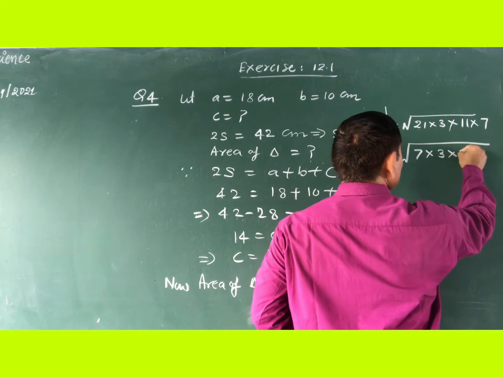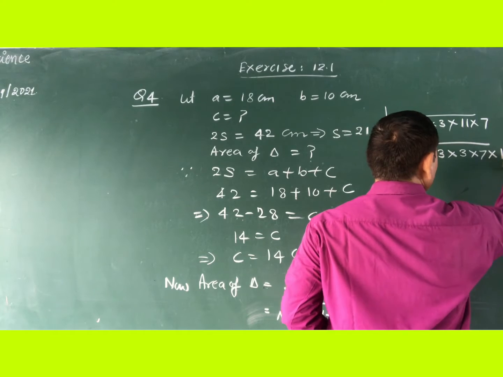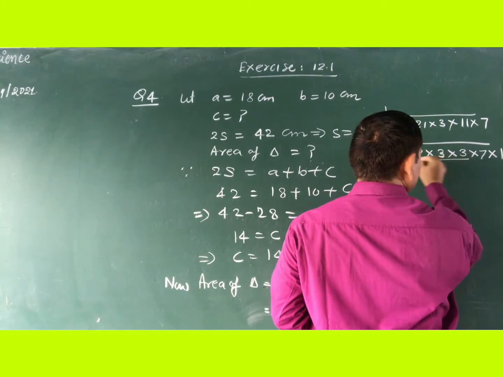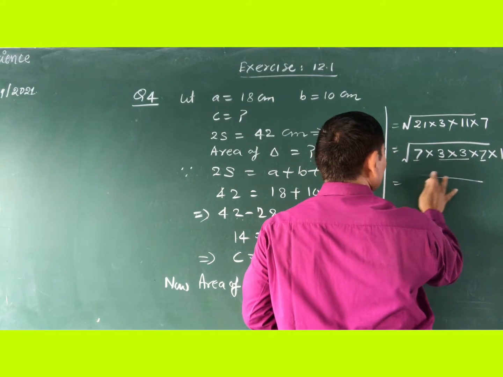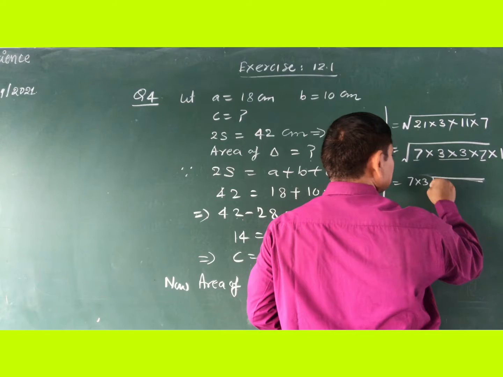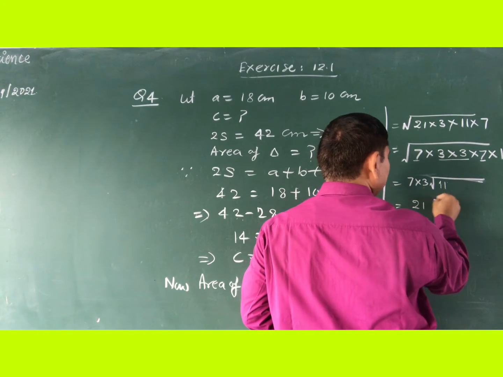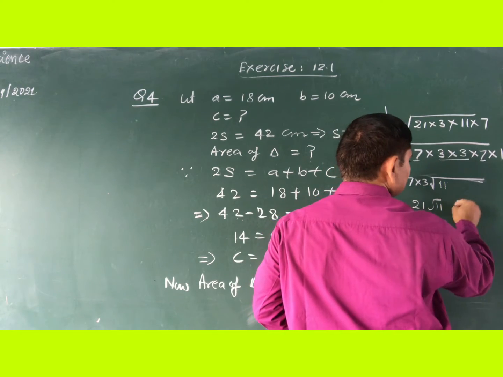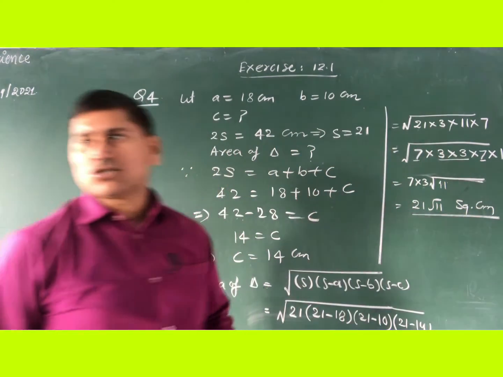This 3 is the same, this 7 is the same, and this 11 is the same. So these are the pairs. Yes, dear. So you can take 7 and 3 out of the root, and 11 stays here. So 21 under root 11 square centimeter. So this is the answer of this question.